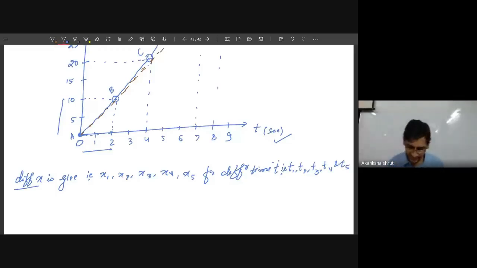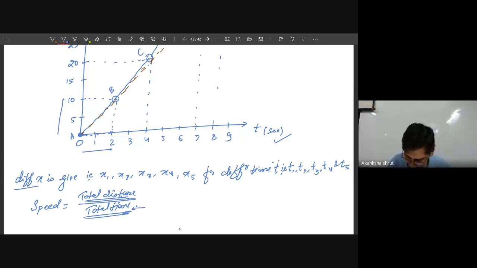Now student, we have learned what speed is. Speed is given by total distance by total time. So whatever time interval we are taking, we have to use that. It is in interval form. And how is the distance calculated? By knowing the position.